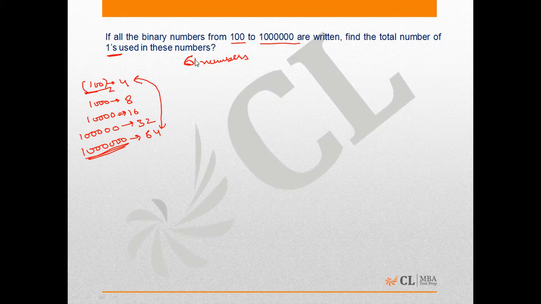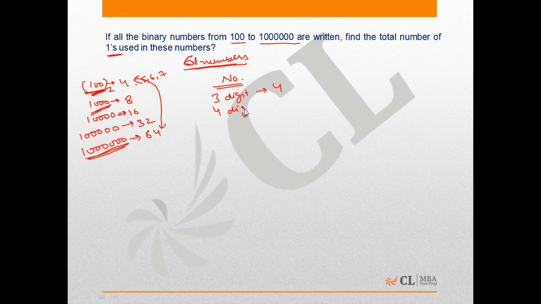So it asks what is the total number of ones used in all these numbers. Let us quickly calculate how many 3-digit, 4-digit, 5-digit, 6-digit and 7-digit numbers there are. The 3-digit numbers are 4, 5, 6 and 7. These 4 numbers when converted into binary give a 3-digit number. From 8 onwards, I will get a 4-digit number.